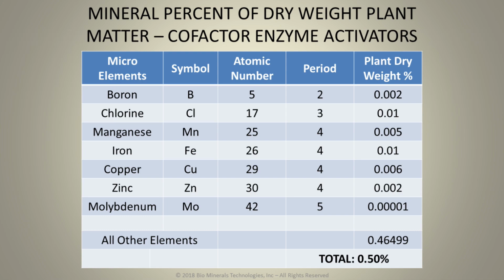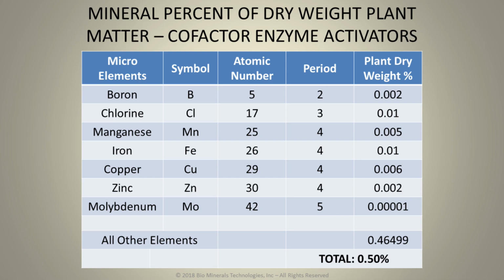The major trace elements are boron, chlorine, manganese, iron, copper, zinc, molybdenum, cobalt, nickel, and some 60 additional minerals that act as essential or beneficial components for plant function. And again, there's not enough of these to be structural, but these activate the systems within the plant that actually build your structure. Minerals are required for enzymatic processes to build plant structure.